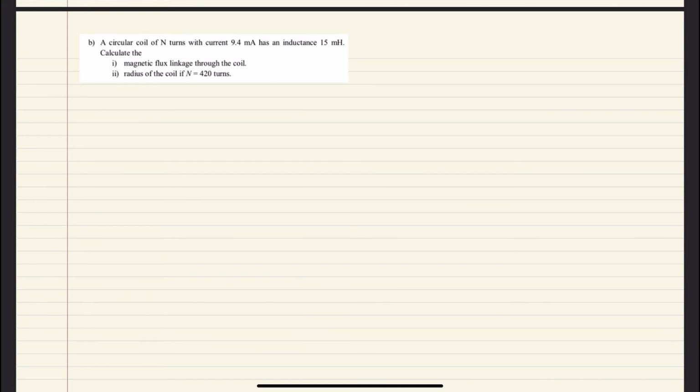Okay, and then this one is for magnetic flux. This one is for inductance. An electrical coil carries current 9.4, I equals 9.4, and L is equal to 15 times 10 to the negative 3 H. You want to find the magnetic flux linkage of the coil.